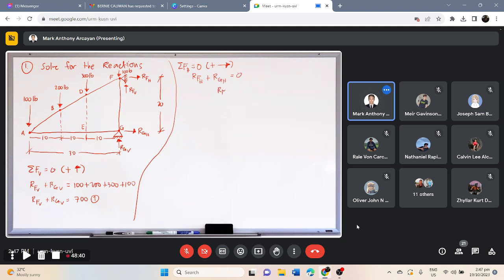So RF horizontal is equal to the negative of RG horizontal. So one of them must be in the opposite direction, no? They cannot both point to the right, since one is negative. That is equation 2. Here we have four unknowns, but we only have three available equations. So one of them must be zero. Let's find out which one becomes zero. Okay. Now, proceed to summation of moment.